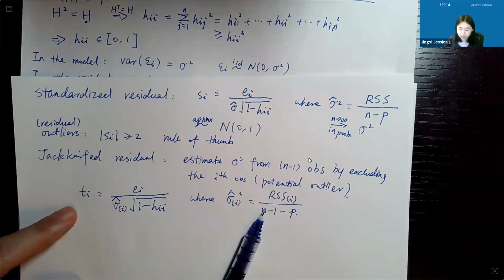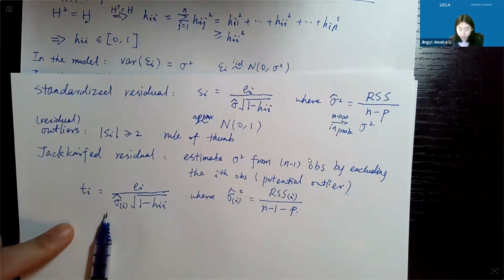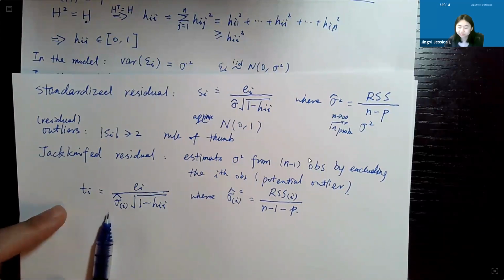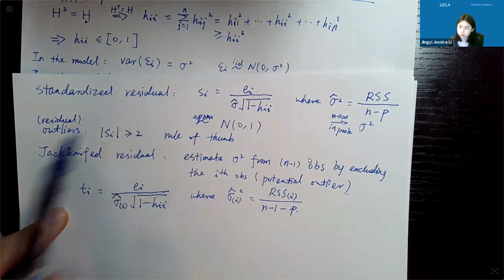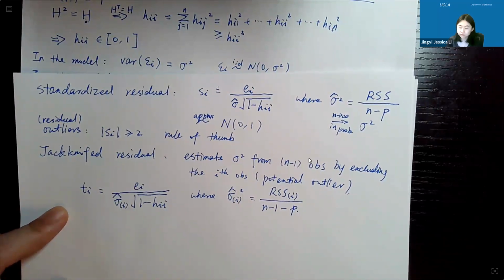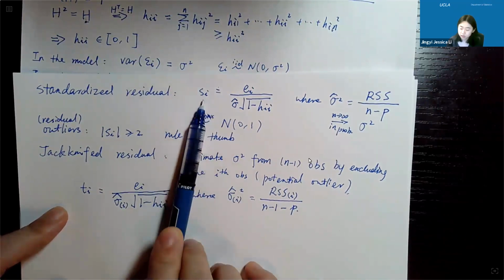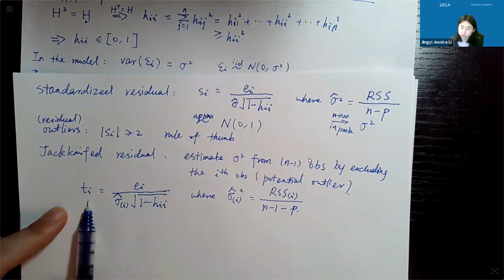However, there is an interesting result derived by Weisberg in 1985, which gives a direct one-to-one relationship between the Jackknife residual and the standardized residual. So it is sufficient to just run one regression, and then you can convert a standardized residual to a Jackknife residual.